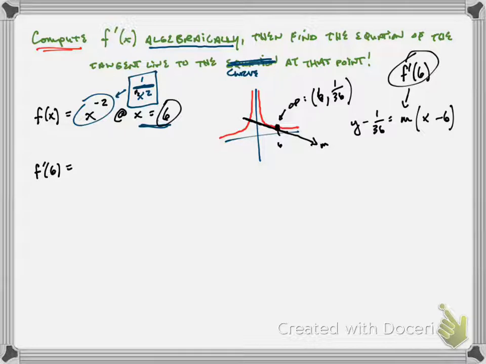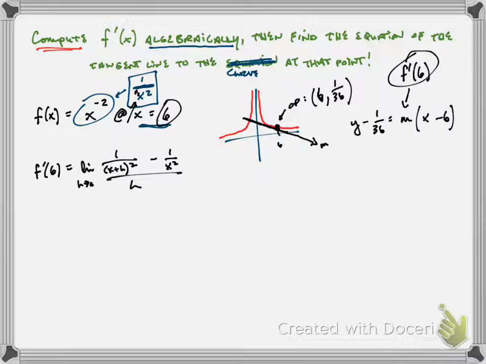F prime of 6 is equal to, again, the limit as h goes to 0 of f of x plus h, so that's 1 over x plus h quantity squared. You put x plus h into this function. That's f of x plus h minus f of x, which is 1 over x squared, over h.